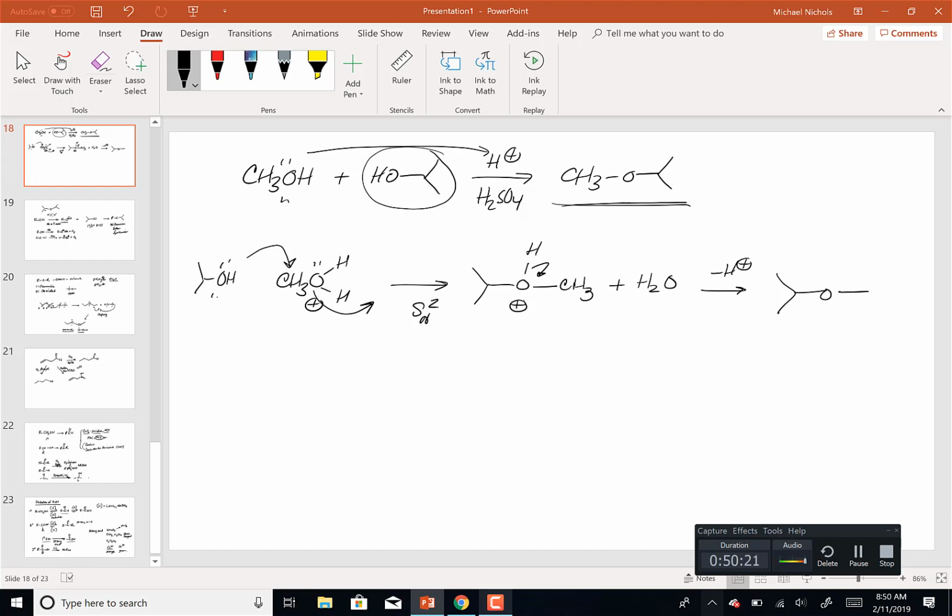And our final reaction of ethers that we need to talk about is what's called ether cleavage. So then what I would like you to do, also as part of your take-home quiz, is react this ether with 2 equivalents of HCl so that the 2 products I get are isopropyl chloride and methyl chloride.